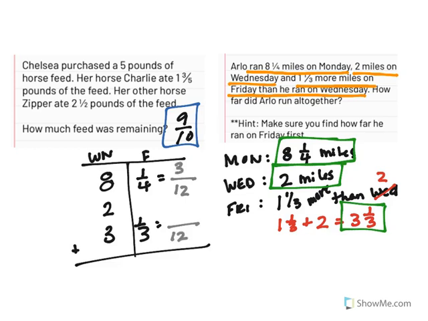So we have 3/12 plus 4/12. 3/12 plus 4/12 is 7/12. Then we would add up our whole number side. 8 plus 2 is 10 plus 3 is 13. So how far did Arlo run altogether? Arlo ran 13 7/12 miles.